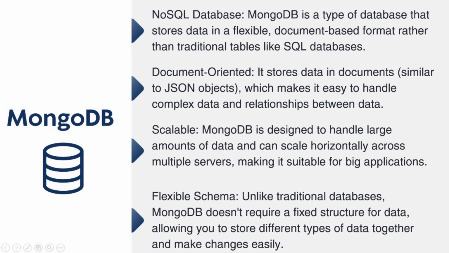Scalable. MongoDB is designed to handle large amounts of data and can scale horizontally across multiple servers, making it suitable for big applications. Flexible schema. Unlike traditional databases, MongoDB doesn't require a fixed structure for data, allowing you to store different types of data together and make changes easily.